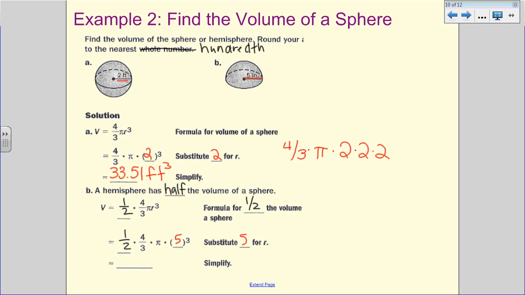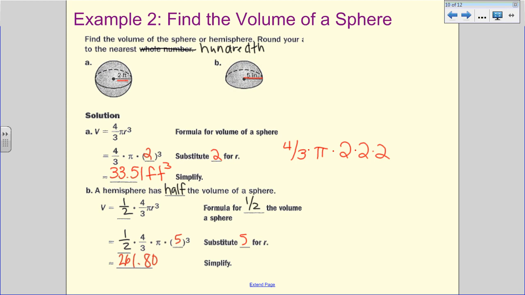I'm going to go to my calculator and do 1/2 times 4/3 times pi times 5 to the 3rd power. And we get 261.80. 799 rounds up to 80.